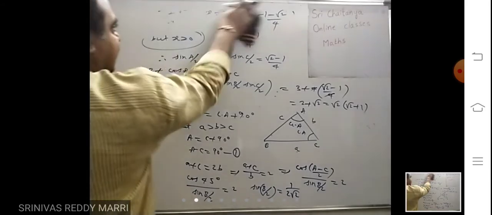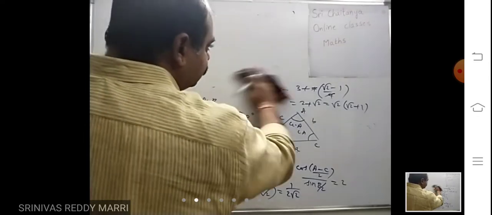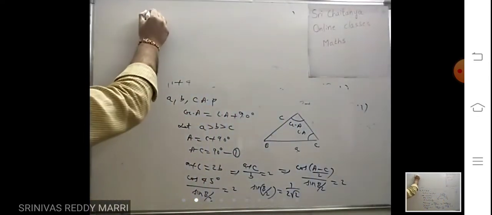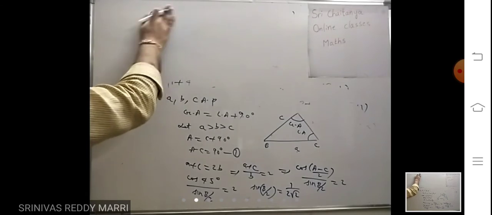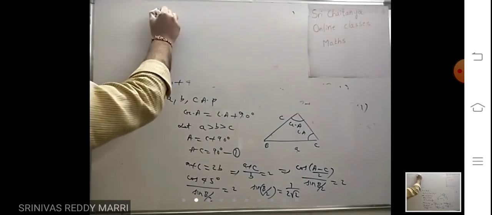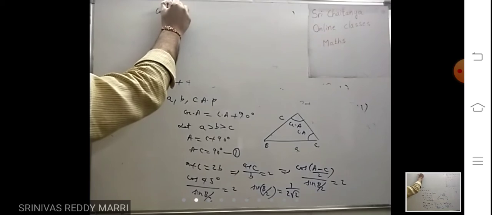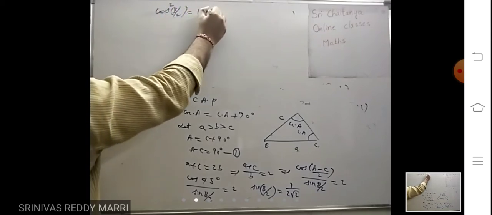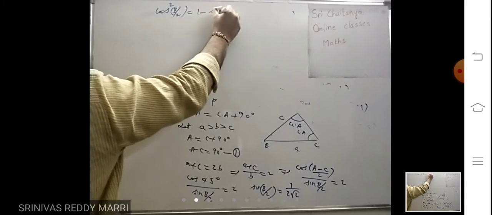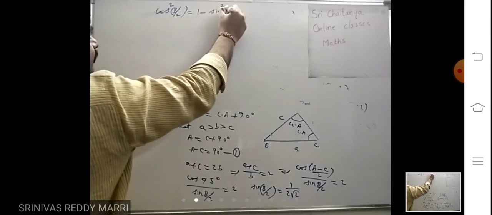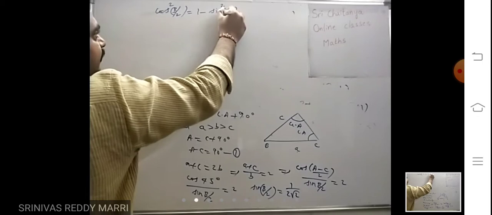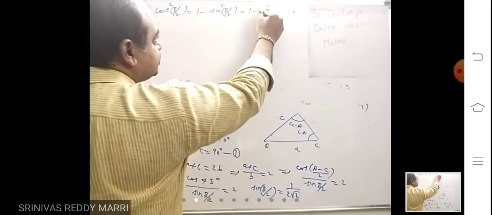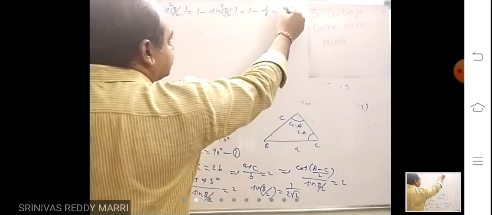I want to calculate what is cos B by 2. Therefore, I am calculating. Cos square B by 2, if I want to calculate, I will use the identity: 1 minus sin square B by 2 is 1 by 8.